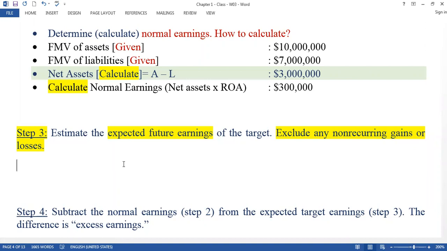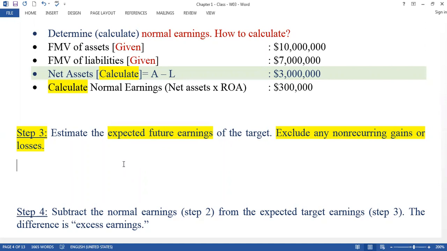Or if I use easier words, not accounting words, something like unusual gains and unusual losses. Have you heard this term? Or even easier, regular loss and regular gain, and irregular gain, irregular loss. Do you understand the meaning?